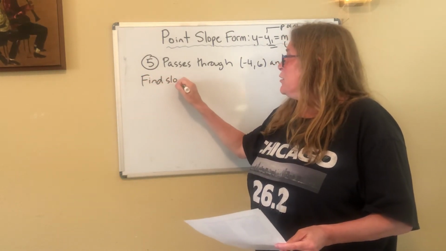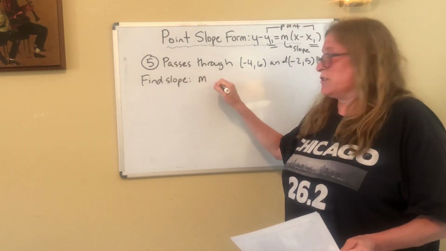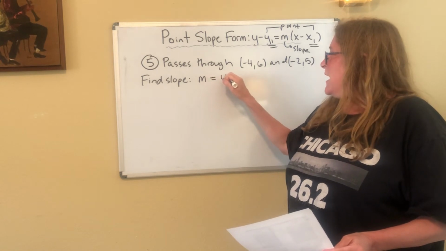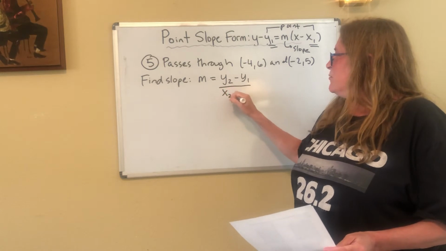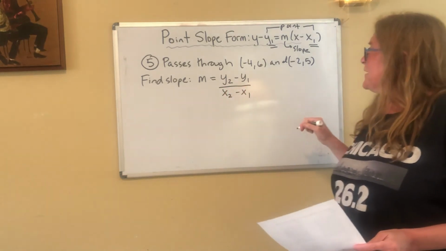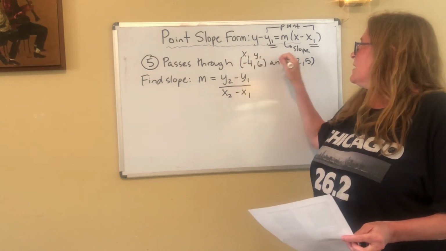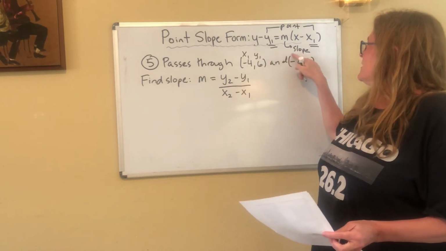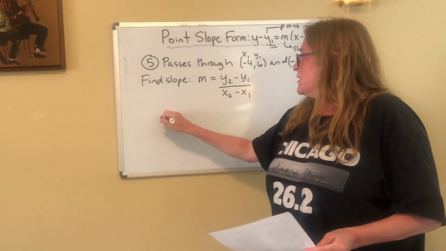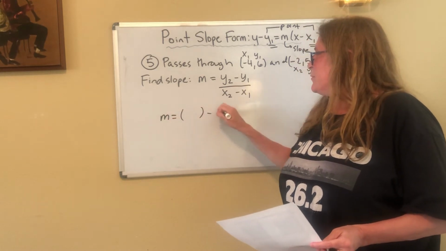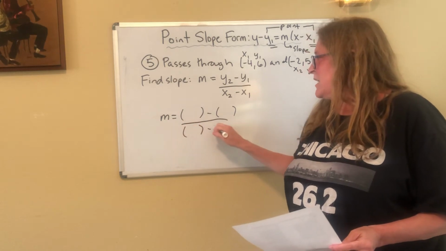So the formula for the slope is m, which is our slope, equals y2 minus y1 all over x2 minus x1. So let's label these points, x1, y1, and down here, x2, y2. So let's find our slope. Now I find it easier if I put parentheses in there, because if I have minus a negative, it can be kind of confusing.